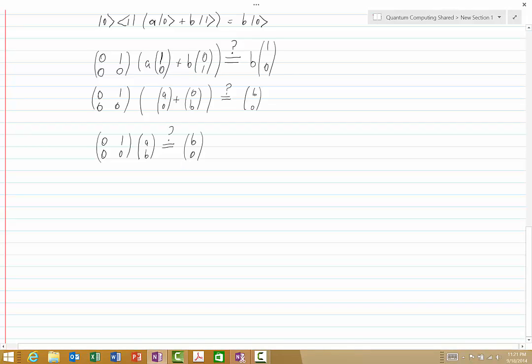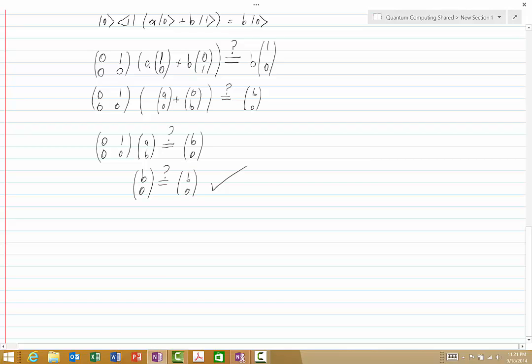So we go across this row and down this column, and we'll get 0 times A is 0, 1 times B is B, 0 plus B is B. Now go across the second row. 0 times A is 0, 0 times B is 0, 0 plus 0 is 0. And sure enough, we see that we do indeed obtain B, 0.